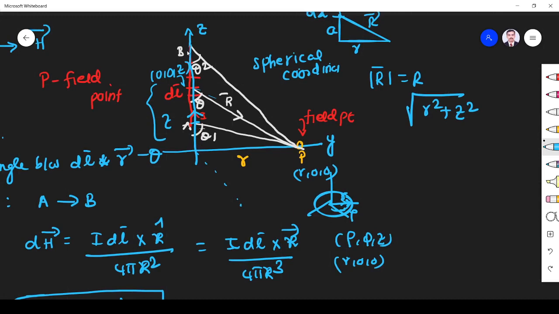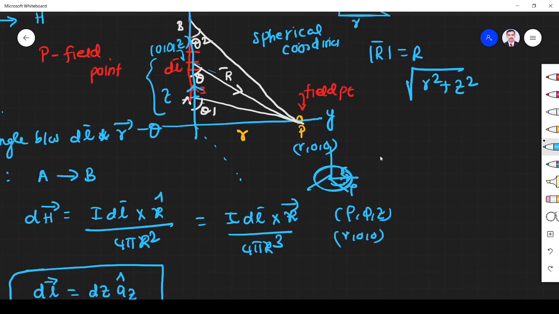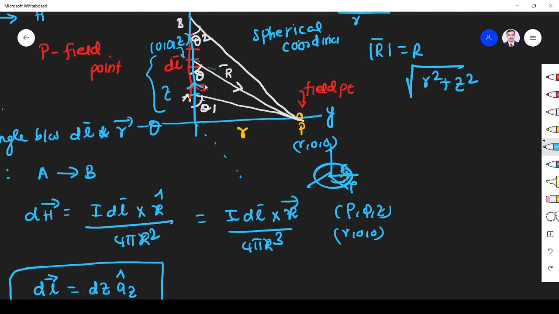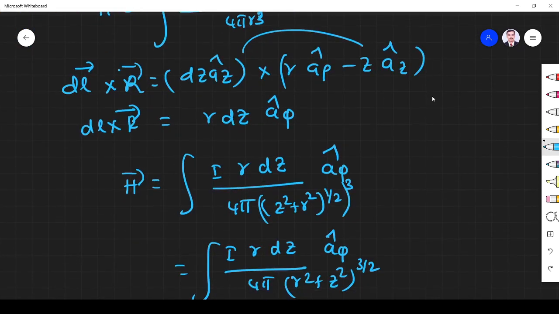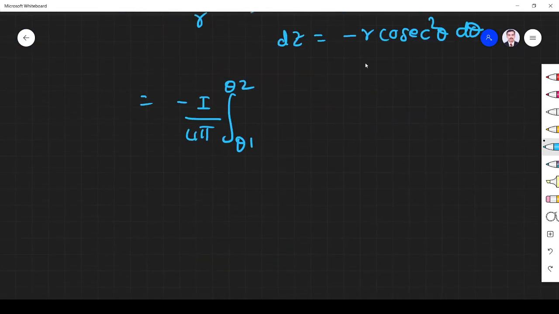Theta 1. What is the angle here? Theta 2, with respect to the field point. I should not leave it only this dl. I have to take another dl, another dl, another dl, and totally I have to integrate. So the angle varies from theta 1 to theta 2.